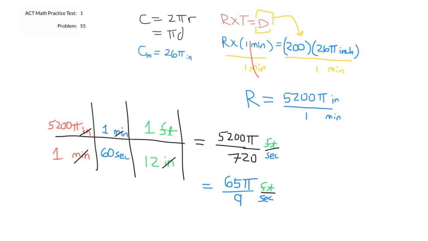Let's be very clear that this is equal to 65 over 9 with a pi hanging off to the side, okay? Because the reality is there's secretly a 1 underneath that pi. So it's really 65 over 9 times pi over 1.